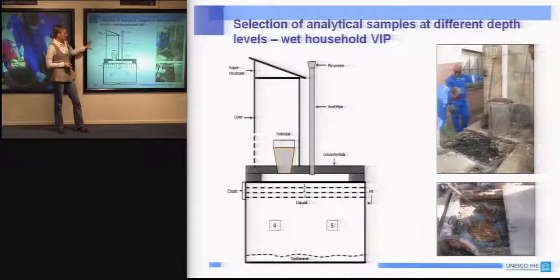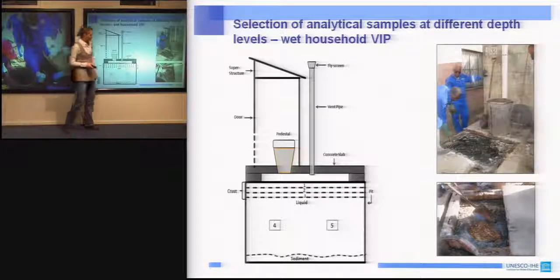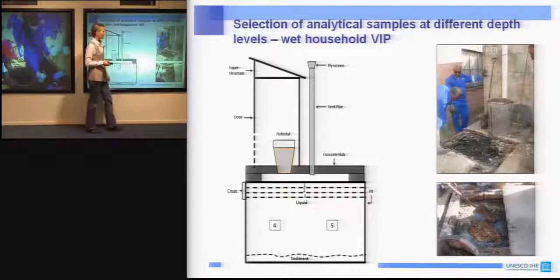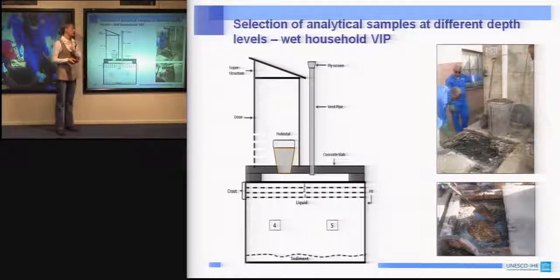For the wet VIPs, they're called wet not because there is any flush water used, but because the pit, for some reason, was full of liquid. We established that most of these pits that we discovered were at the bottom of the hill, and although there was no scientific evidence, we think that there was something to do with underground water infiltration or the effect of the rainy season.